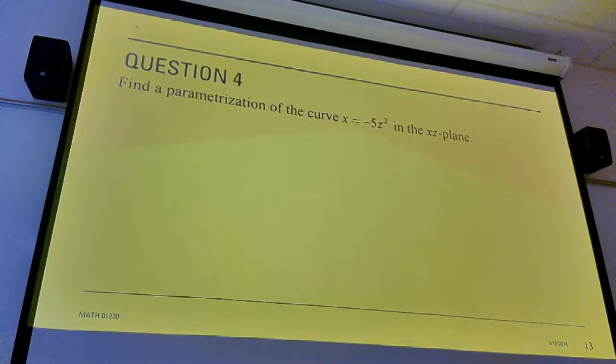Parameterization of x equals negative 5z squared in the xz plane. So what are we thinking?